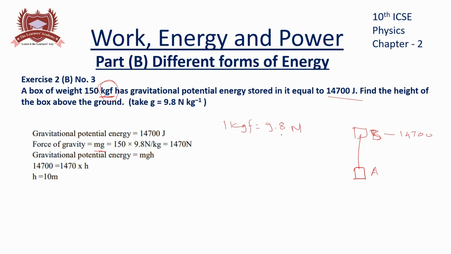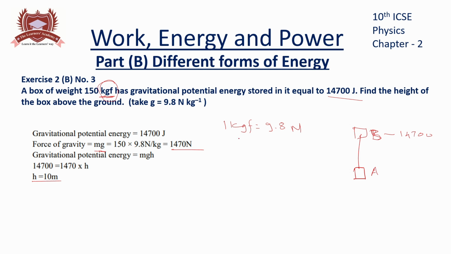This is what we had studied in the first chapter, so we are using this conversion here, which gives me mg is equal to, so this is the force of gravity, so this is the weight in newtons. So we can clearly see that gravitational potential energy is mgh, so we put in this. We've put it in the correct units and it has given us the answer as 10 meters.